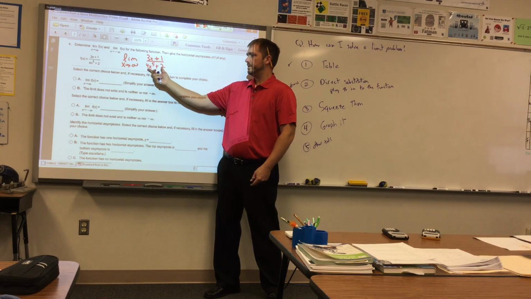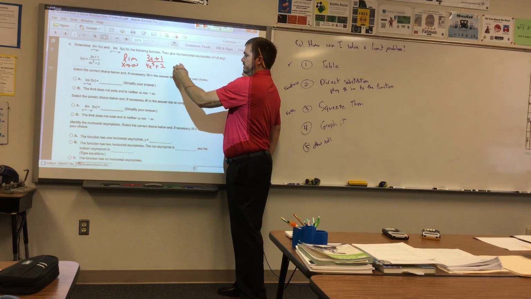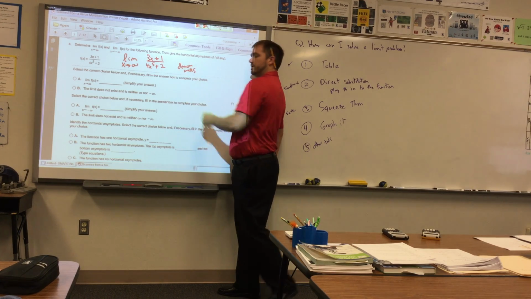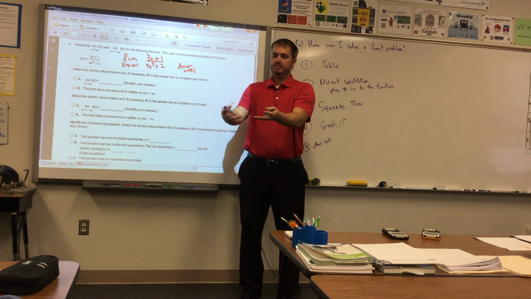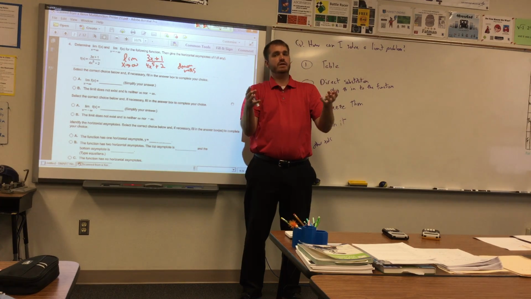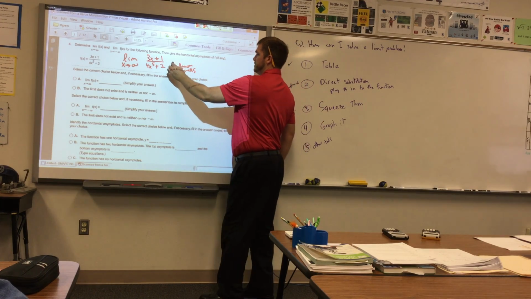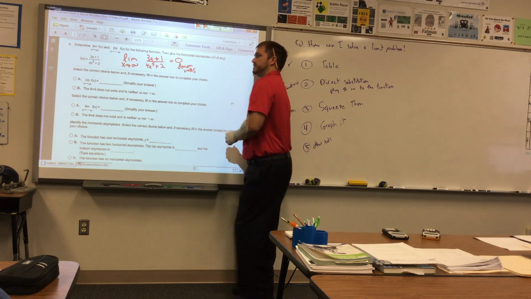So in this case, the denominator gets really large. The denominator wins, so to speak. And if the denominator is growing faster than the numerator, then this is going to approach 0.